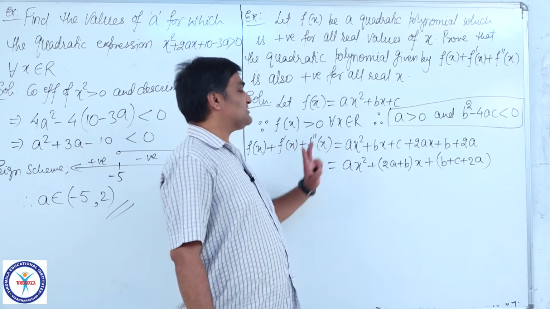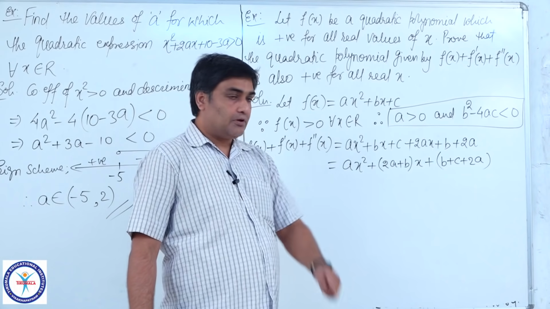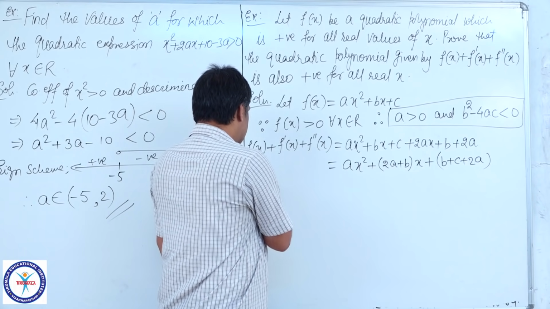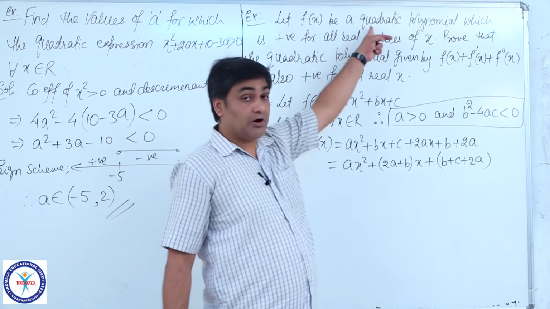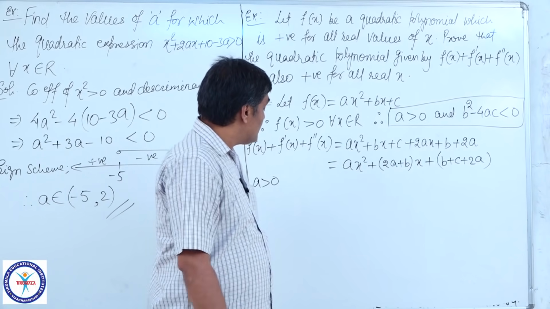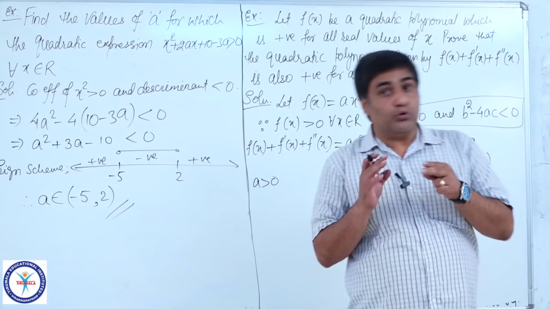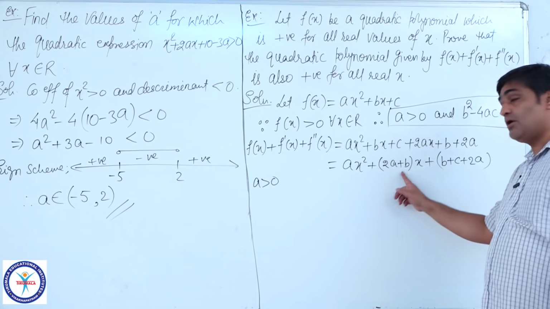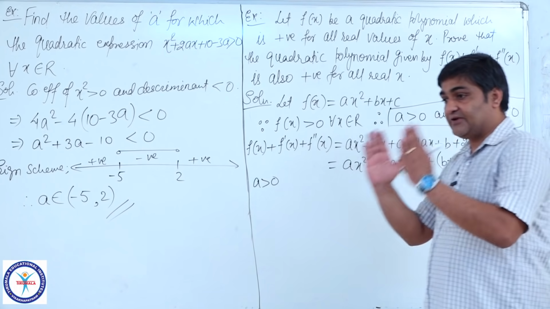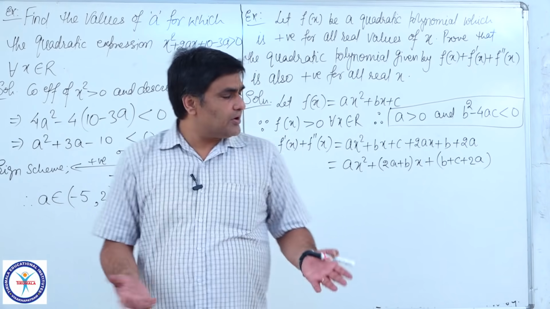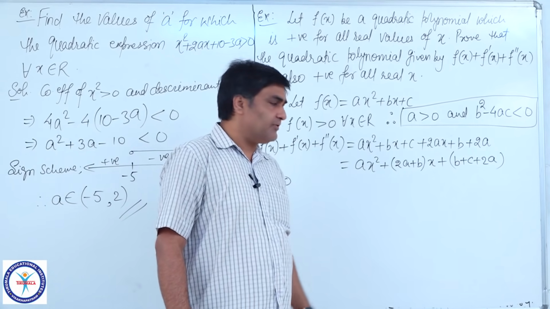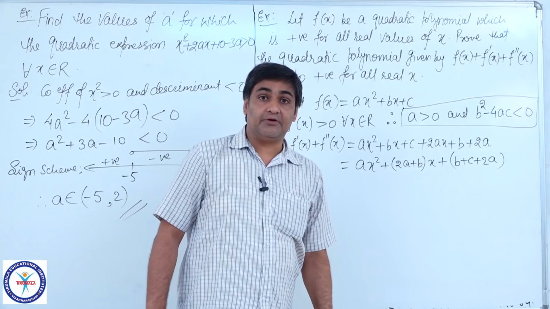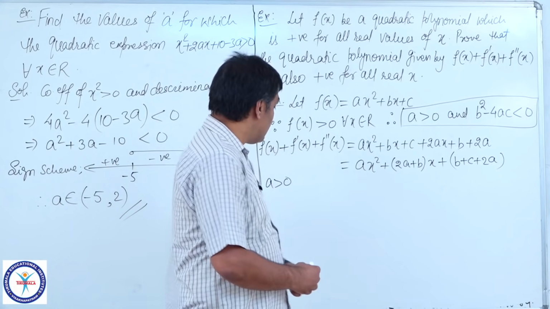Now, for this quadratic expression also, coefficient of x square is positive. A is greater than 0 according to the question statement given. So, if we prove that the discriminant of this quadratic expression is negative, then, since the coefficient of x square is positive, this quadratic expression also is positive for all real values of x.